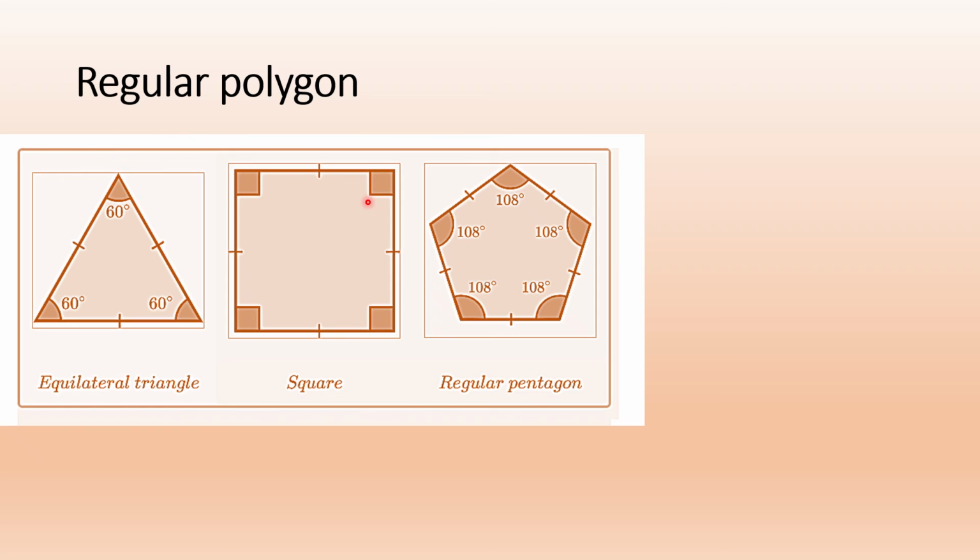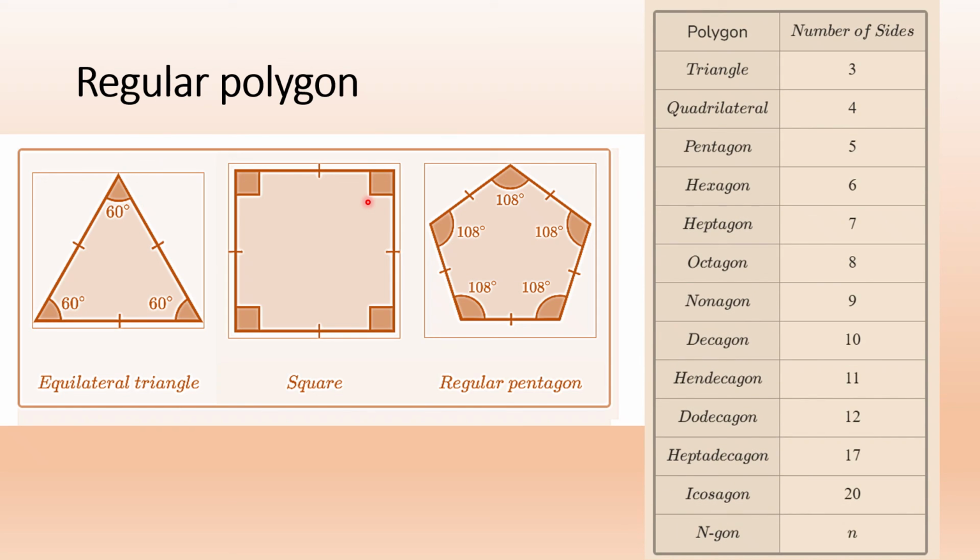Then you can have many different ones. As you can see over here: triangle, quadrilateral (square), pentagon, hexagon, heptagon. If it has 7 sides, we call it a heptagon. 8 sides, octagon; nonagon; decagon; hendecagon with 11 sides; 12 sides, dodecagon; 17 sides, heptadecagon; then 20 sides, icosagon.